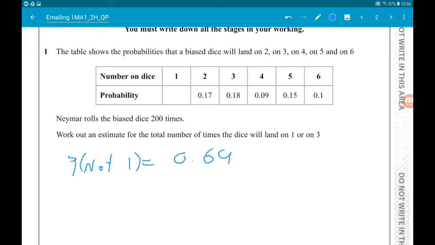Now the probability of getting a 1 then is 1 minus 0.69, which is 0.31.